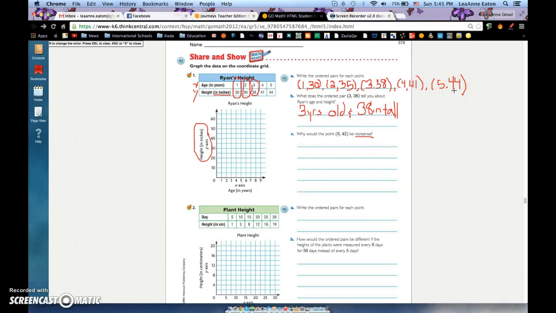We don't shrink, so there's no way that at 6 years old, he's 2 inches shorter than he was at 5. So go ahead and write that answer down here. It's the idea that you can't shrink. You're not going to lose 2 inches when you get 1 year older. So that's why it's nonsense. It doesn't make any sense.